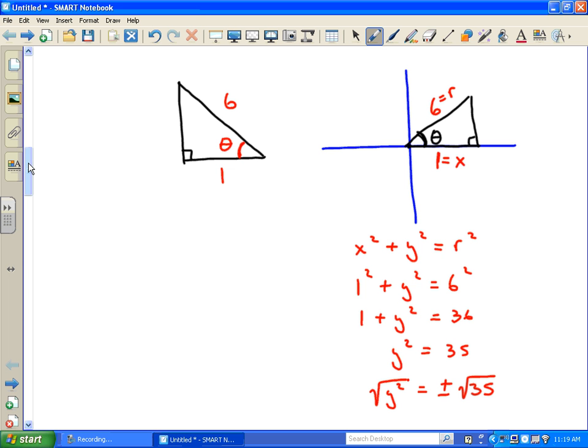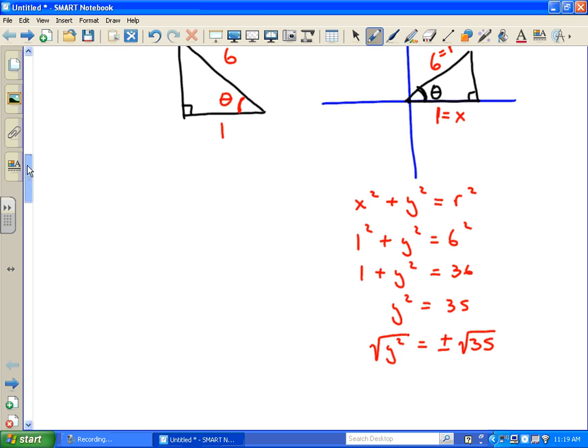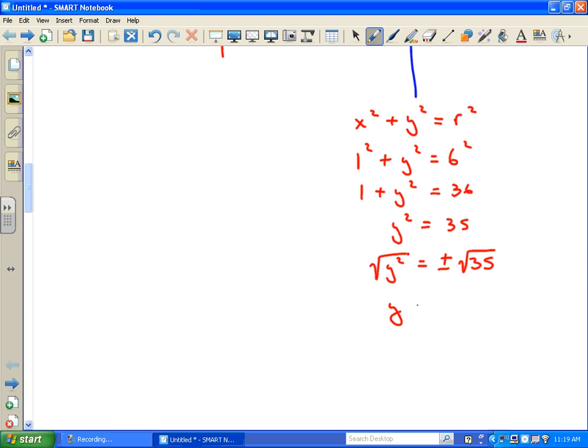So depending on which quadrant you're in, the signs of your x's and y's may change. For this particular set of material, always assume you're in quadrant 1, and so you're always going to choose the positive value. So y equals the square root of 35.